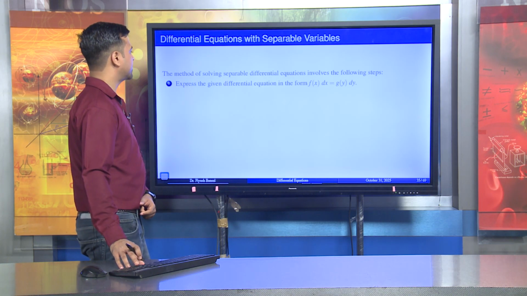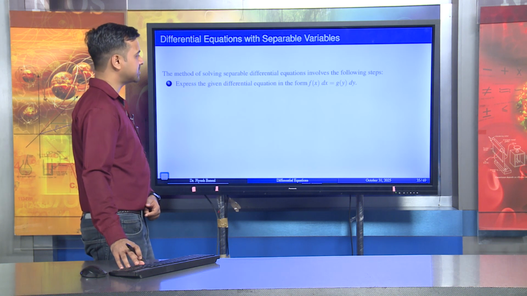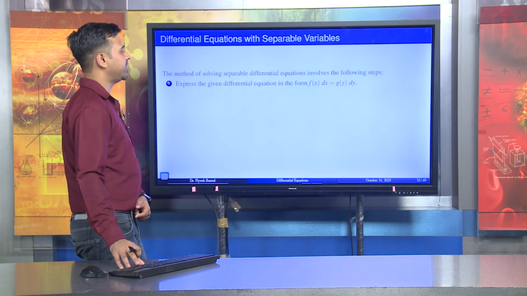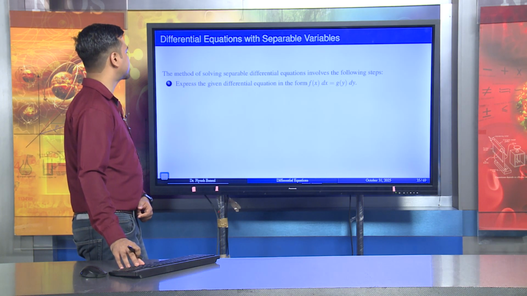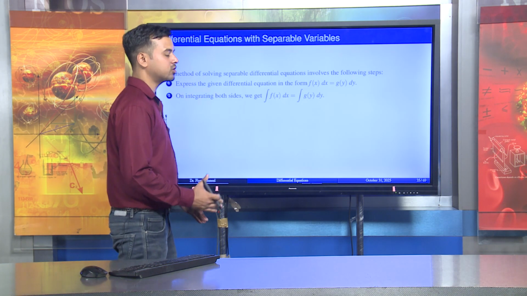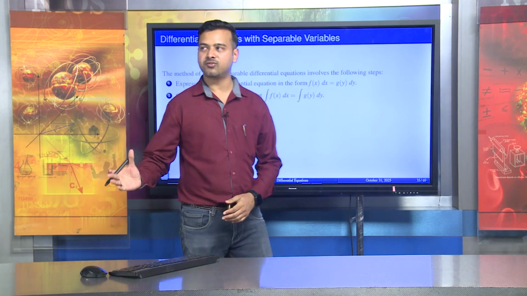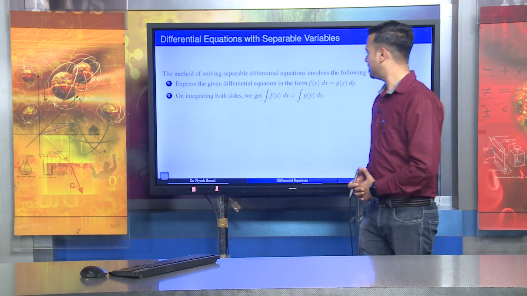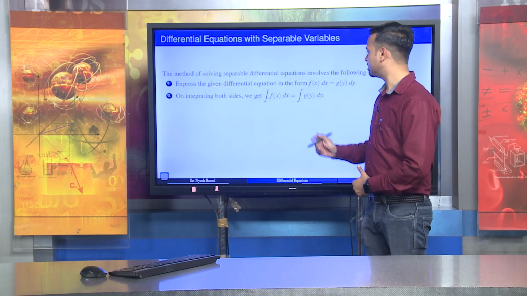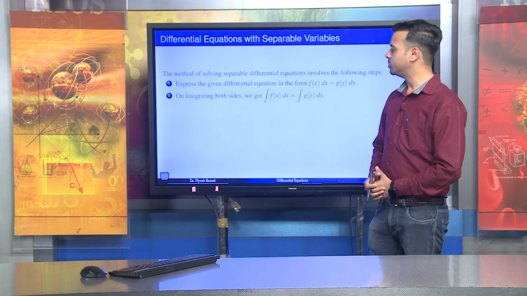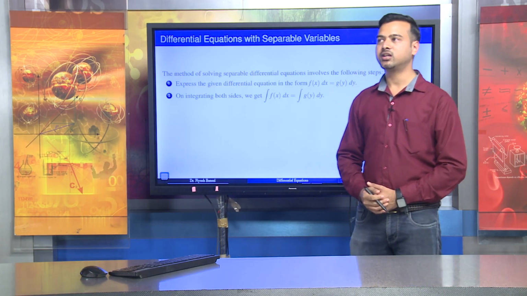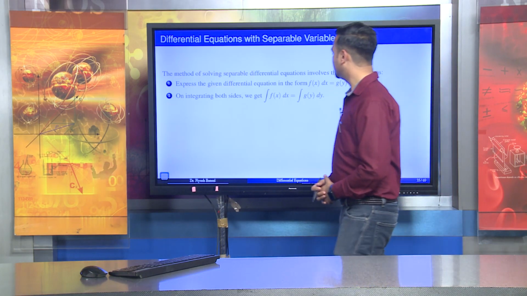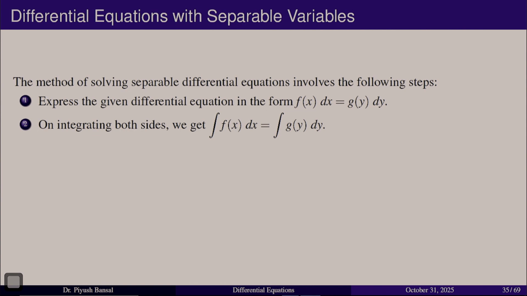This is how we solve such differential equations. Given any differential equation, if it is separable, just separate out variable x on one side and variable y on the other side. Since the left side contains only a function of x and the right side only a function of y, we can simply integrate both sides, the left with respect to x and the right with respect to y.